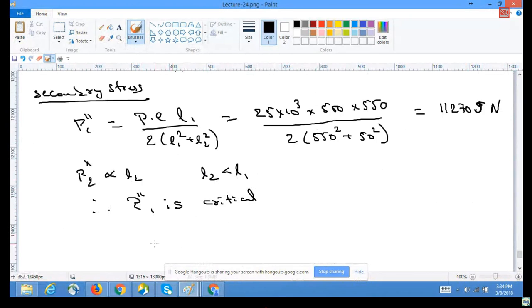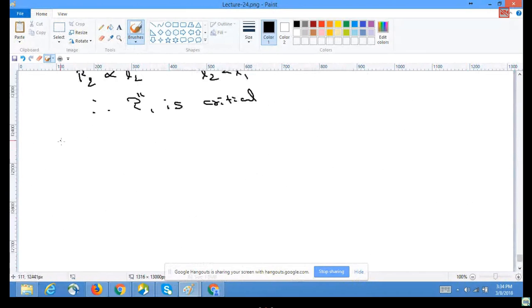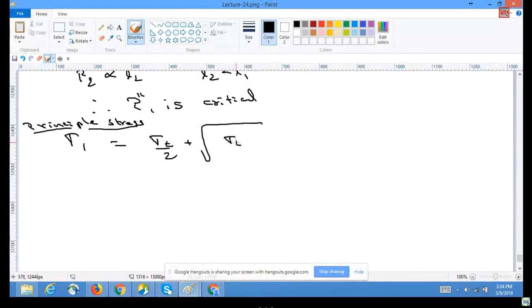So now, based on the maximum principal stress, our sigma 1 is equal to sigma t by 2 plus the square root of (sigma t by 2) whole square plus tau square.